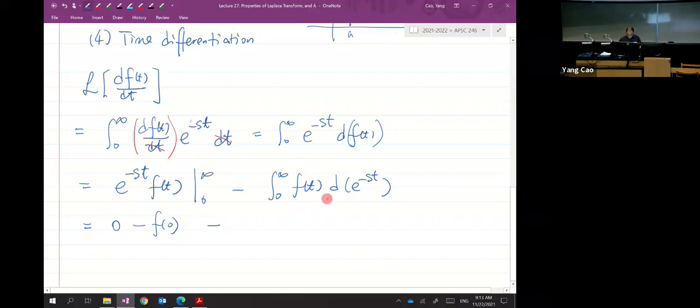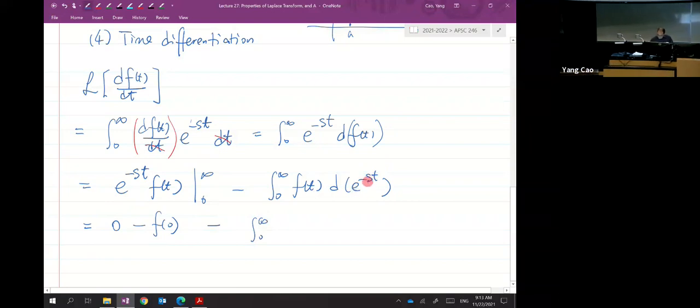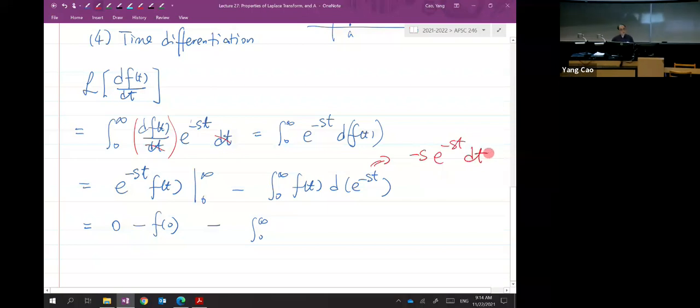And for the second term here, you can take the derivative of this exponential term. The derivative of this exponential is negative s times e to the power negative st dt. So that's d of e to the power negative st with respect to t.